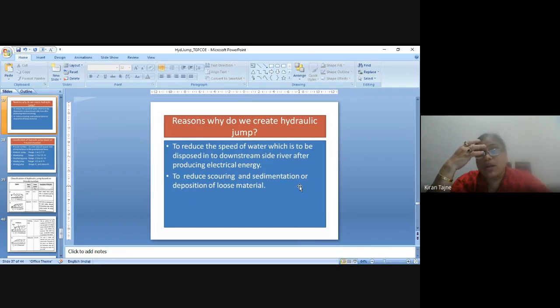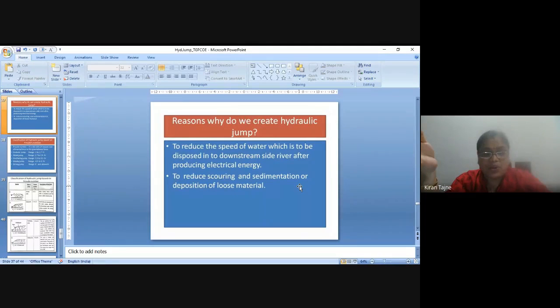After producing the electrical energy, if the same water, meaning water with increased velocity, is directly disposed of on the downstream side of a river or water flow, then scouring may occur. Scouring means erosion; soil erosion may occur.